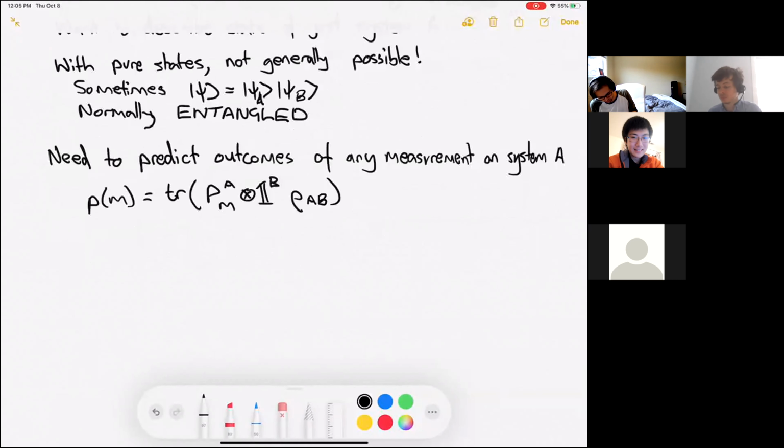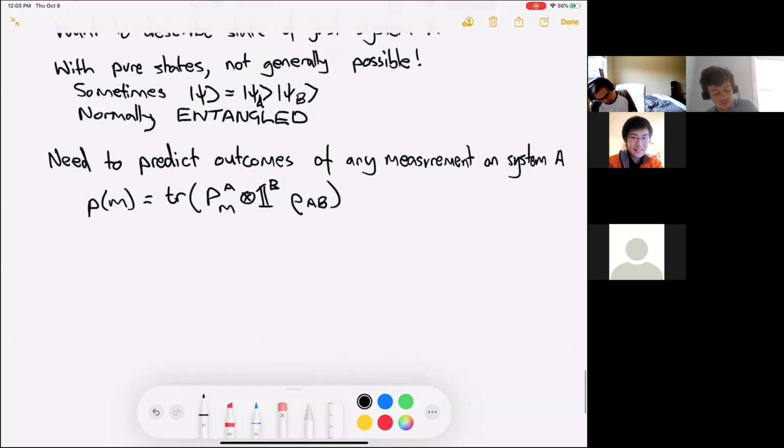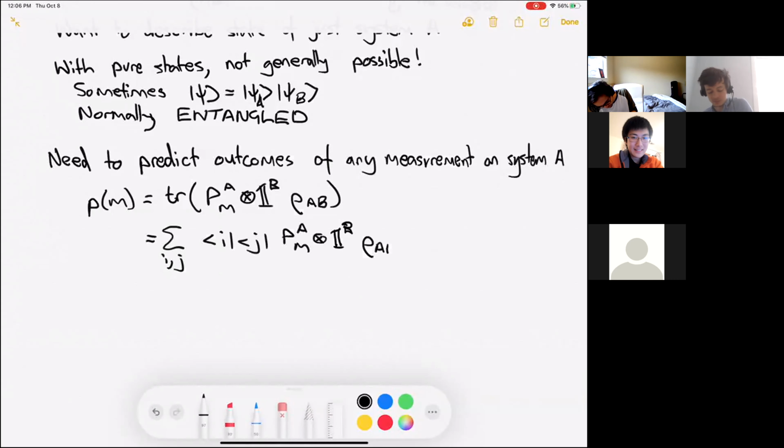But we can write out the trace explicitly by expanding in some orthonormal basis for both A and for B. So we have the sum over i, j of <i,j| the projector tensor the identity, rho_AB |i,j>.